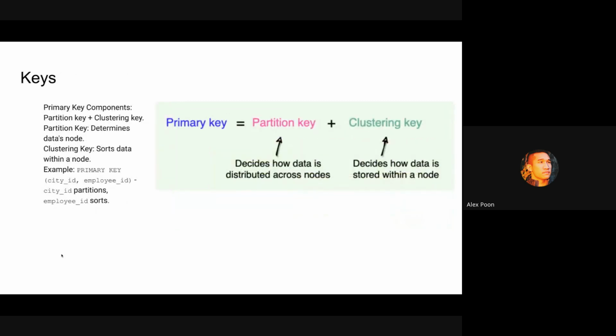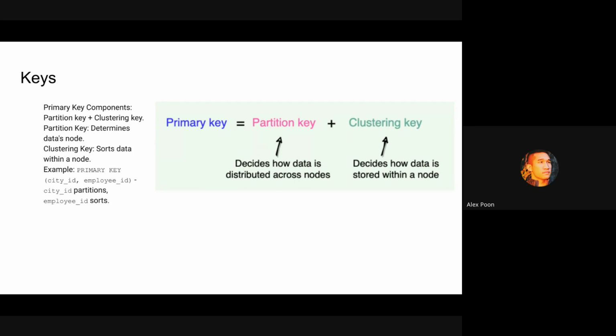The primary key uniquely identifies each row of a table. In Cassandra, a primary key has two parts. The partition key decides which node stores the data, and a clustering key decides how the data is stored within a node. Let's take the example of a table with a primary key (city ID, employee ID).